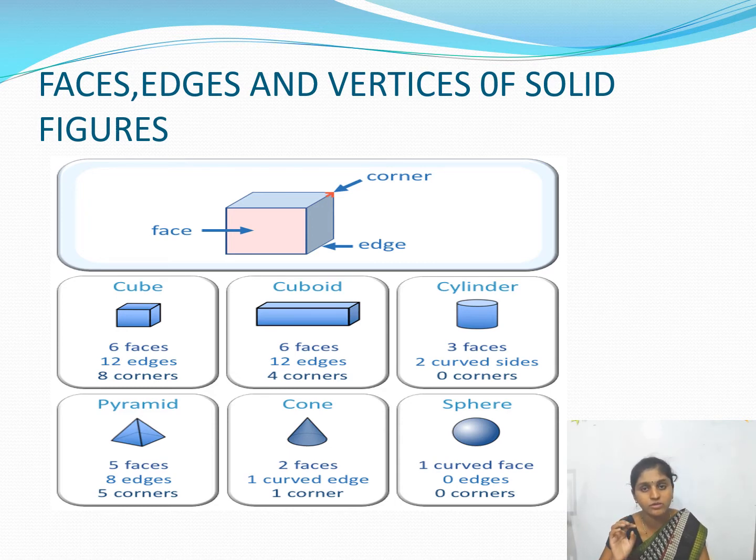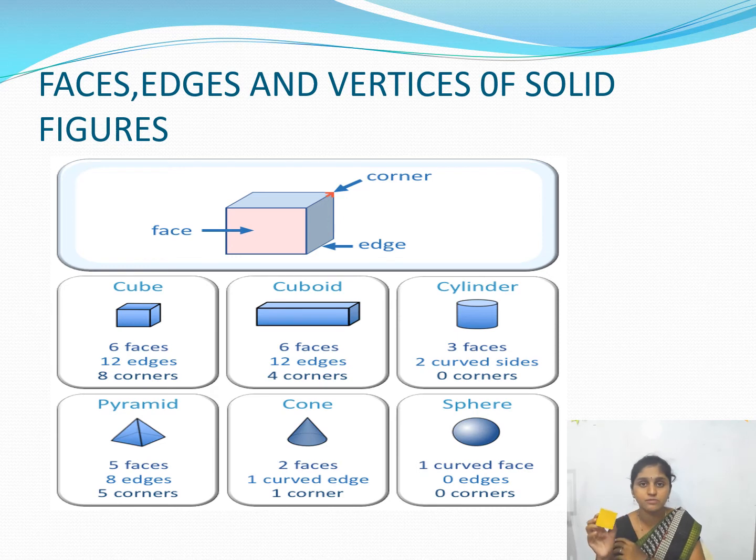A vertex is indicated by a point, a dot. In the figure, we see the corner. This corner indicates a vertex. If it is single, we call it a vertex. If there are many, it is in plural form and we call them vertices.